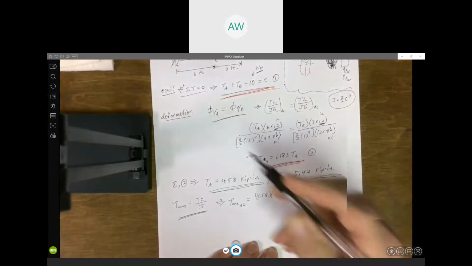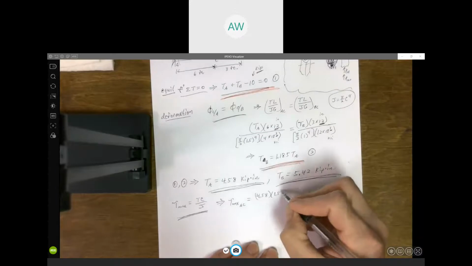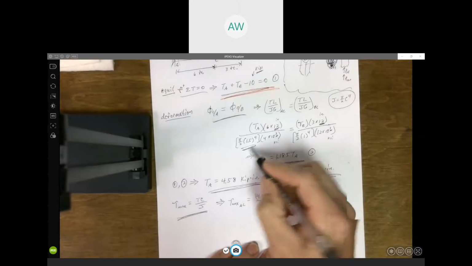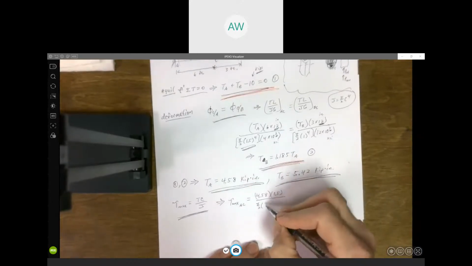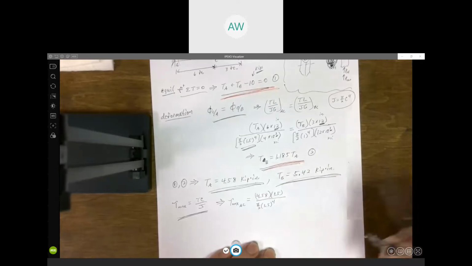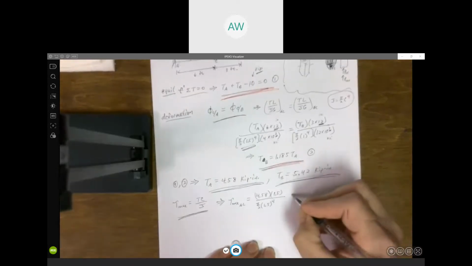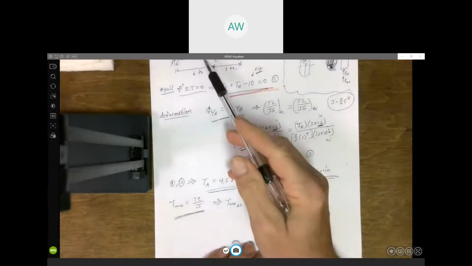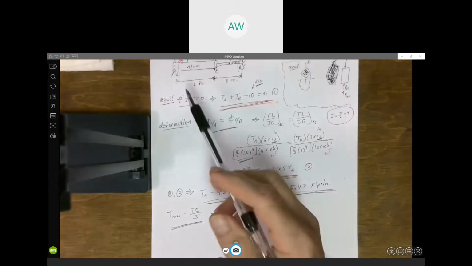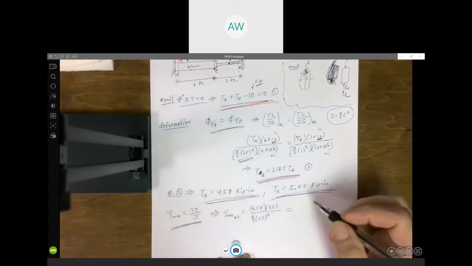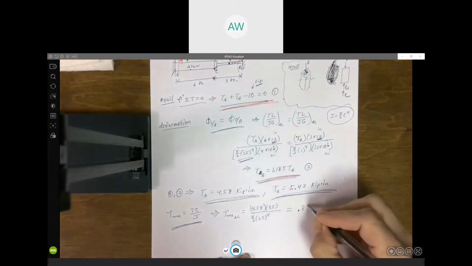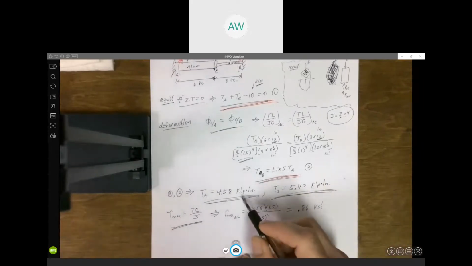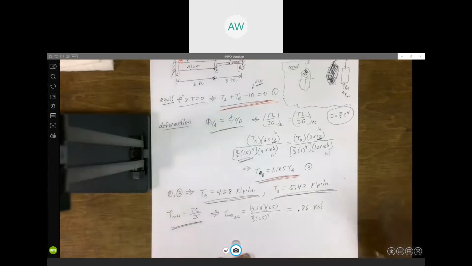C is the outer radius, so it's a 3-inch diameter. That's a 1.5 inch radius. J is the same as it was up here, pi over 2 c to the 4th. And we solve, and now it'll give me the maximum shear stress in the aluminum part of the shaft up here, AC. And I got 0.86 KSI. Again our moments are in kip inches, so this will be in kilopounds per square inch.